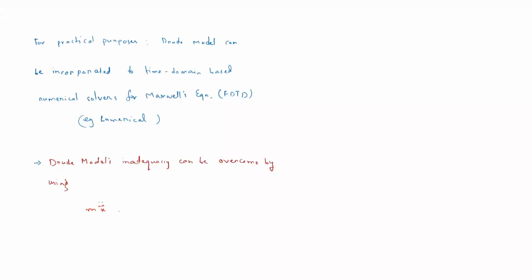so this was our usual Drude model equation, and we'll add another term to take into account the intermittent transition.